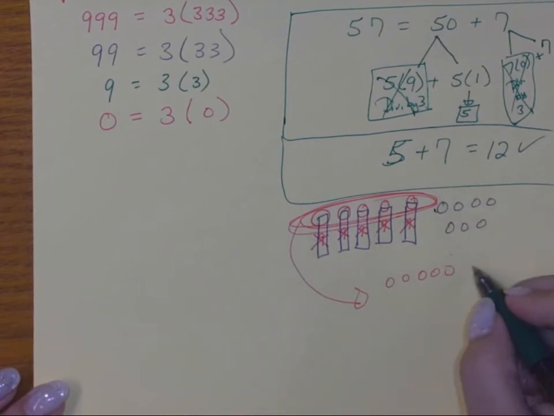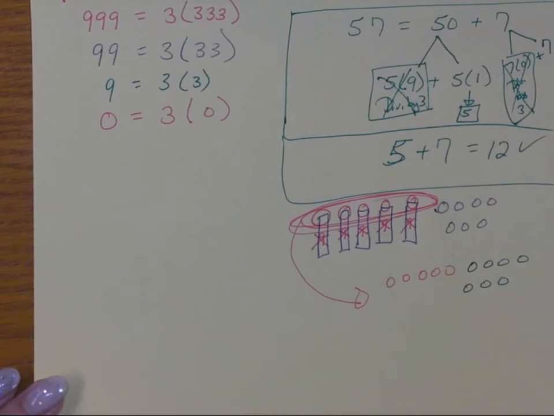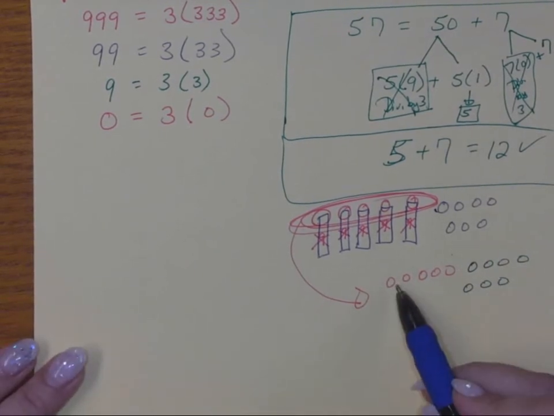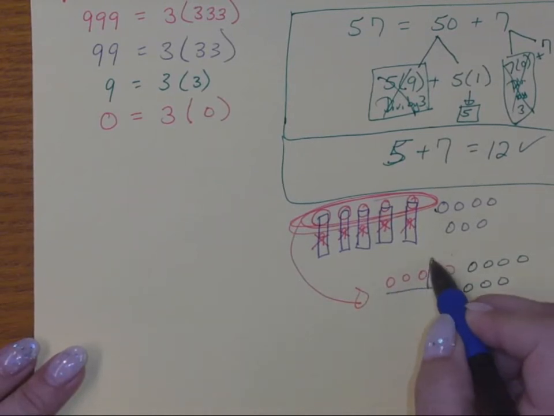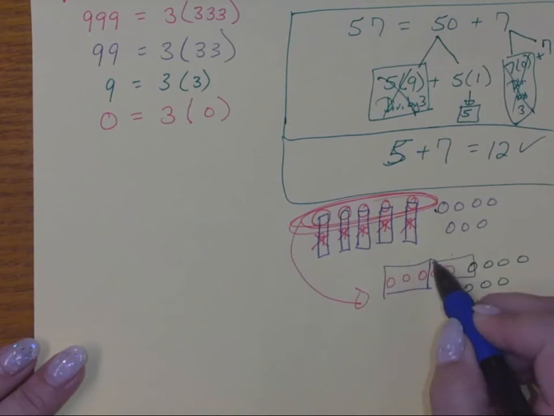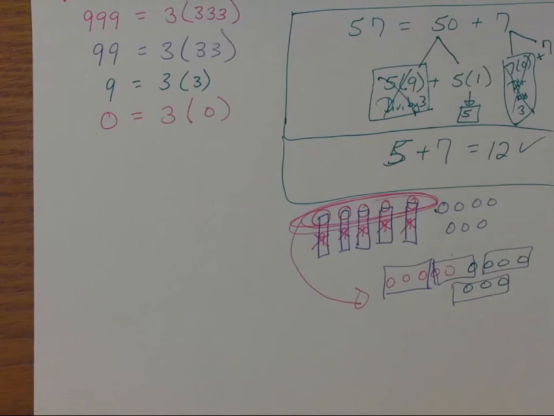And then I've got these units, 7. And when I count all that up, I've got 1, 2, 3, 4, 5, 6, 7, 8, 9, 10, 11, 12. Oh, wait, I could group those into 3s, right? So if I can group everything into 3s, then the entire thing is divisible by 3.